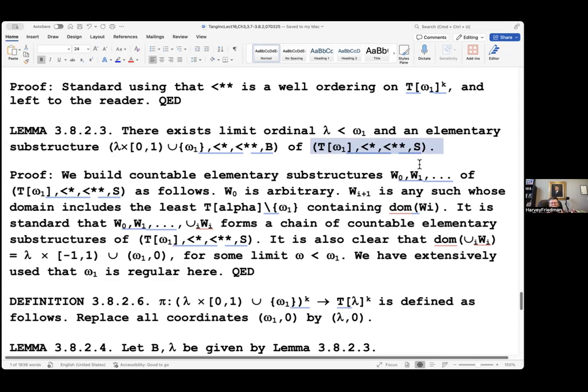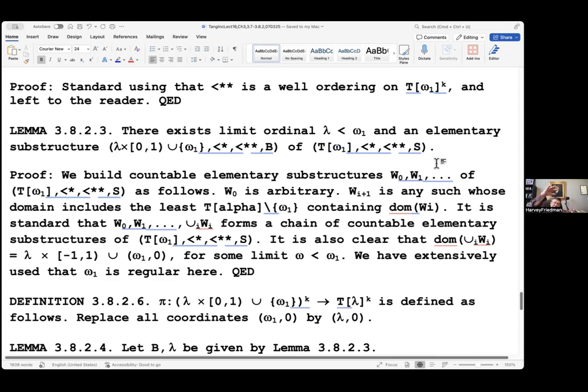And I look at this structure, T omega 1, less than, star, double star. For technical reasons, it's good to enrich this structure to have these basic things that we use in the subject. And how do you do that? Well, this is a classic thing. You take an elementary substructure. Now it might have all kinds of gaps.